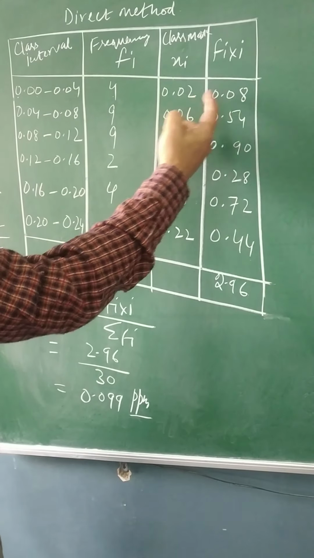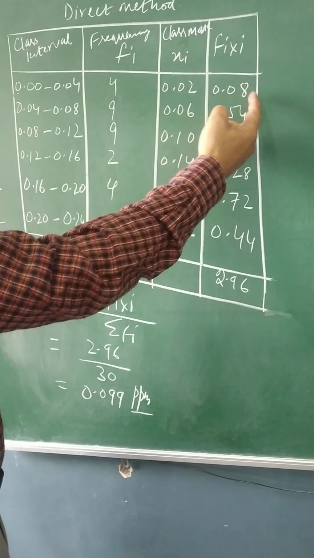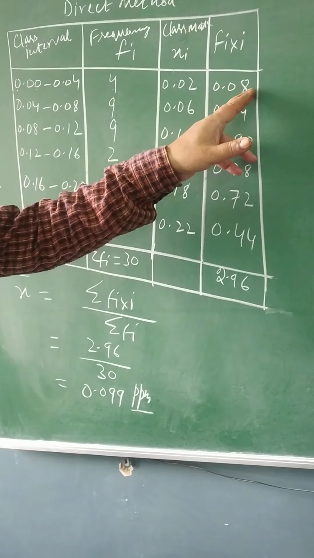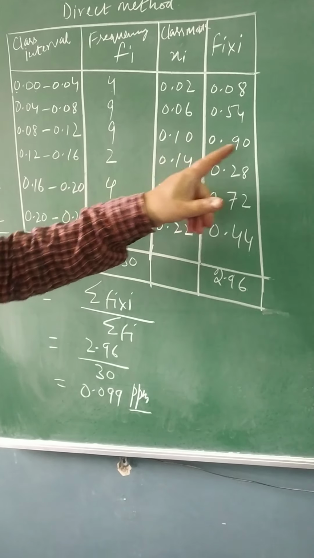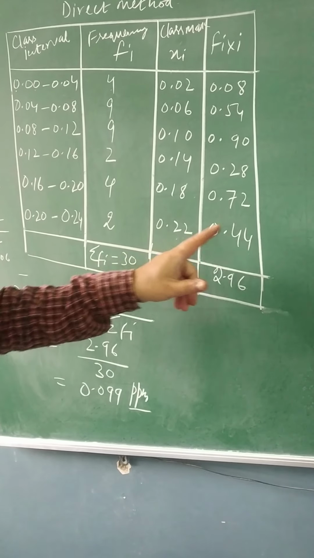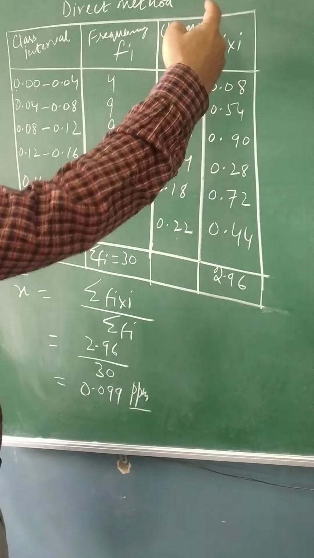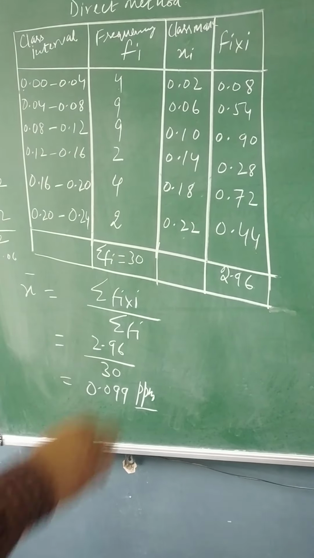So 4 into 2 you know is 8. After the decimal, how many places will there be, how many digits? 2 digits. So 9 into 6 is 54, 9 into 10 is 90, 2 into 14 is 28, 4 into 18 is 72, 2 into 22 is 44, and keep putting the decimal by counting the digits from right to left, 2 digits.